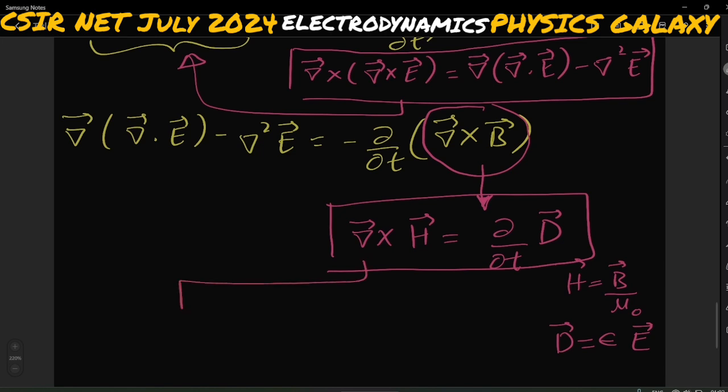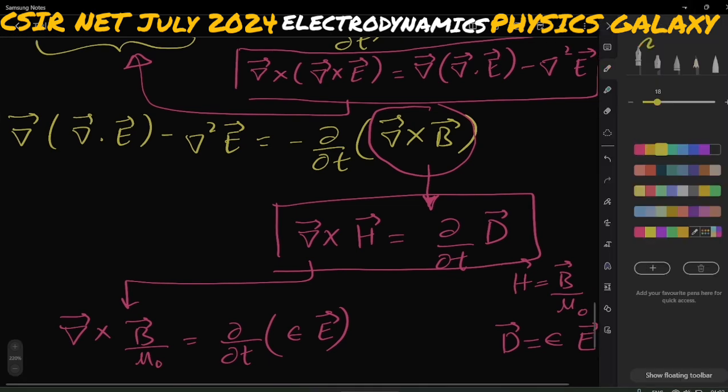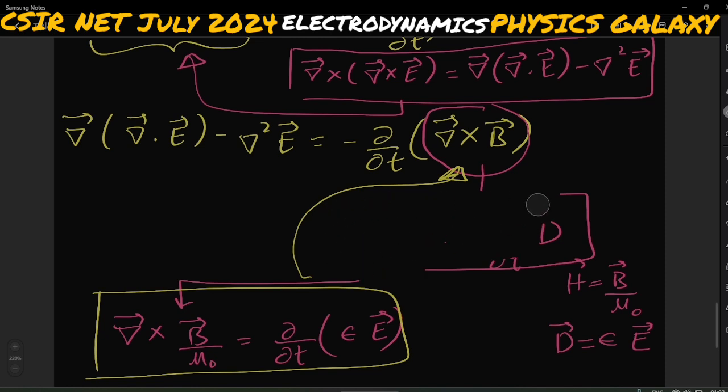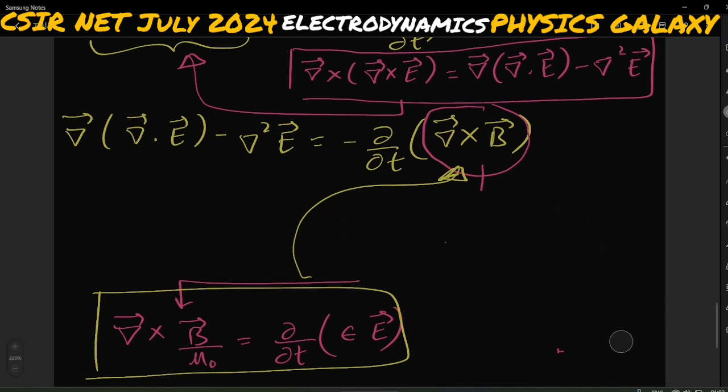So I will use this Maxwell's equation here, but I have to substitute the proper parameters. It will be curl of, in place of H, B by mu naught, equals dou by dou t of, in terms of D, epsilon E. Okay, this is the Maxwell's equation I will be using. Let me erase this and simply substitute this form.